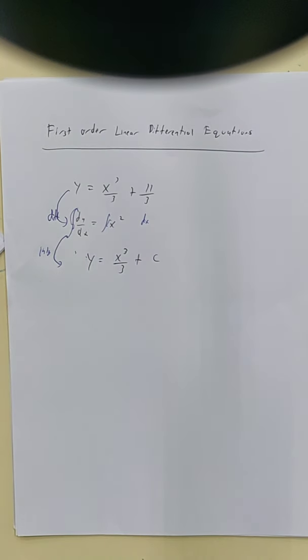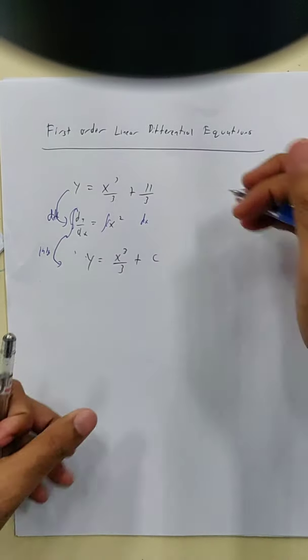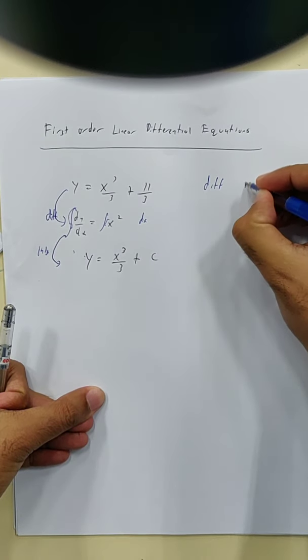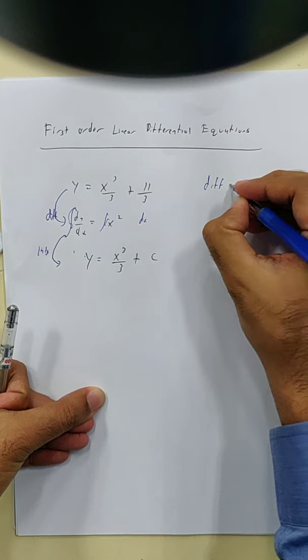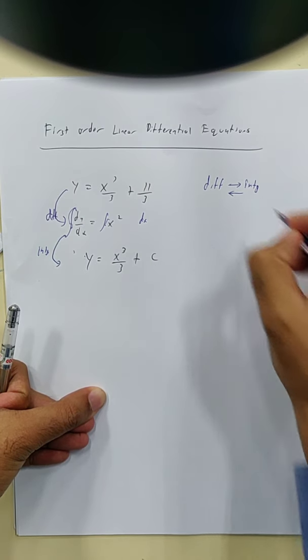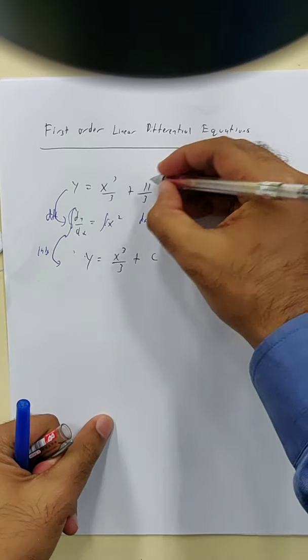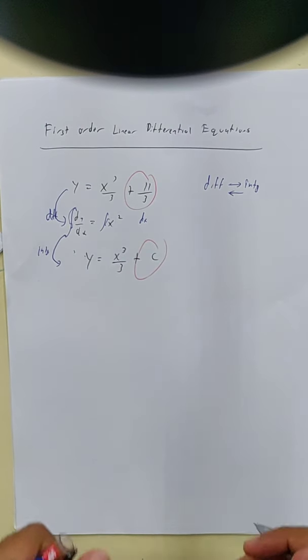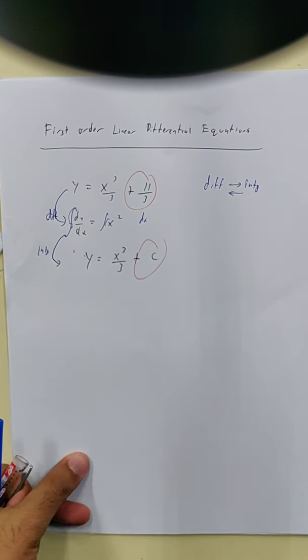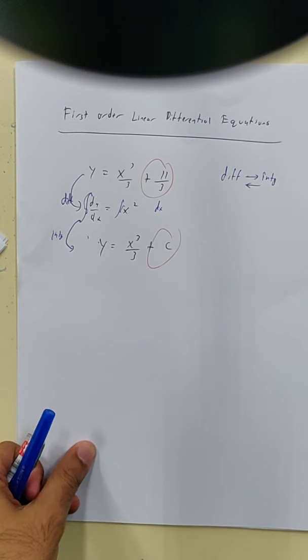We know differentiation and integration are reverse processes of each other. Bless you. But there's still one more value that we did not get, 11 over 3, which in this case is plus c.